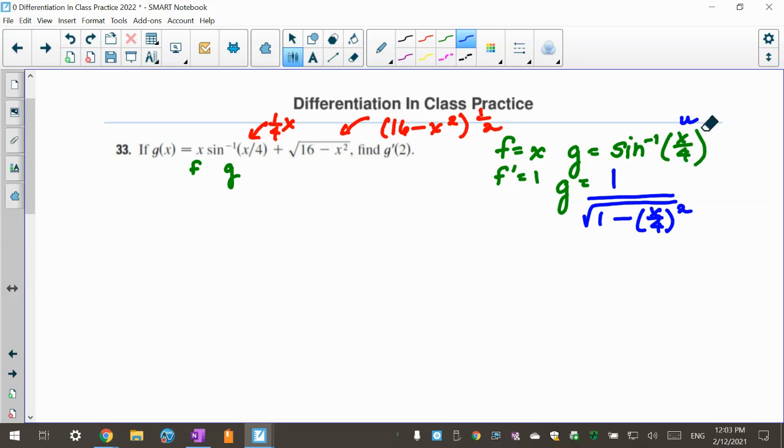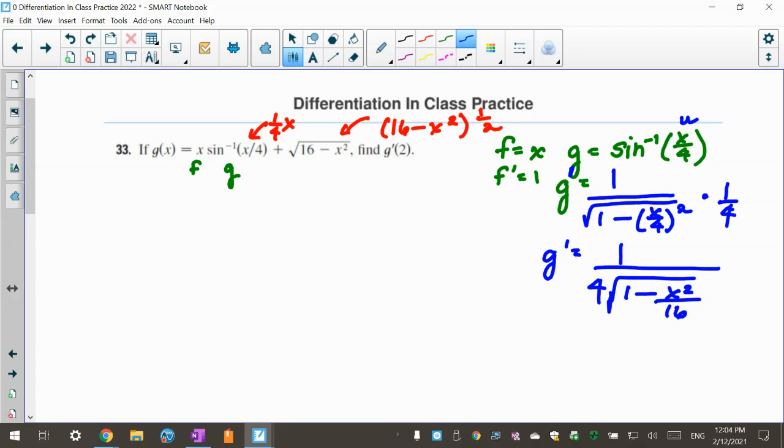Then I have to take the derivative of the inside, which is 1/4 x times 1/4. So this is g prime right here. So g prime comes out to be 1 over 4 radical 1 minus, and you can write it as x over 4 squared, but I'm going to write it as x squared over 16 for now because you're going to see why a little bit later.